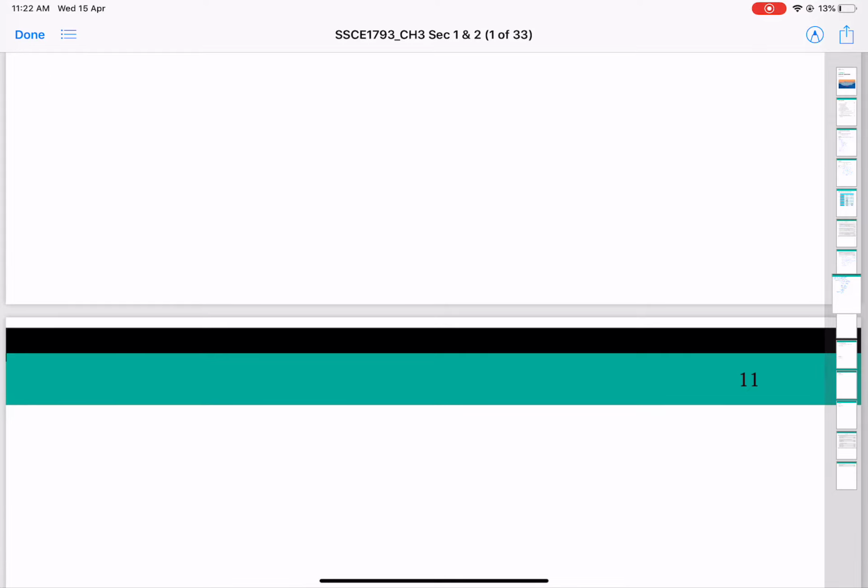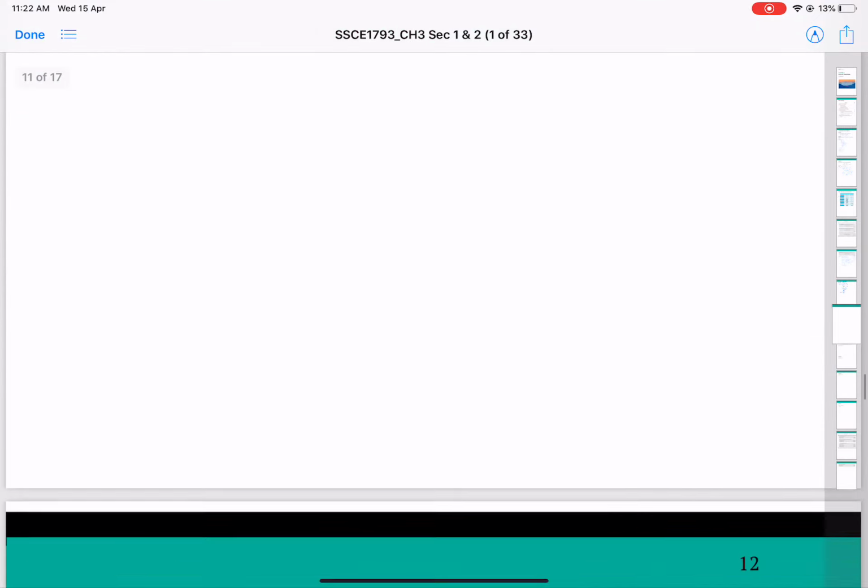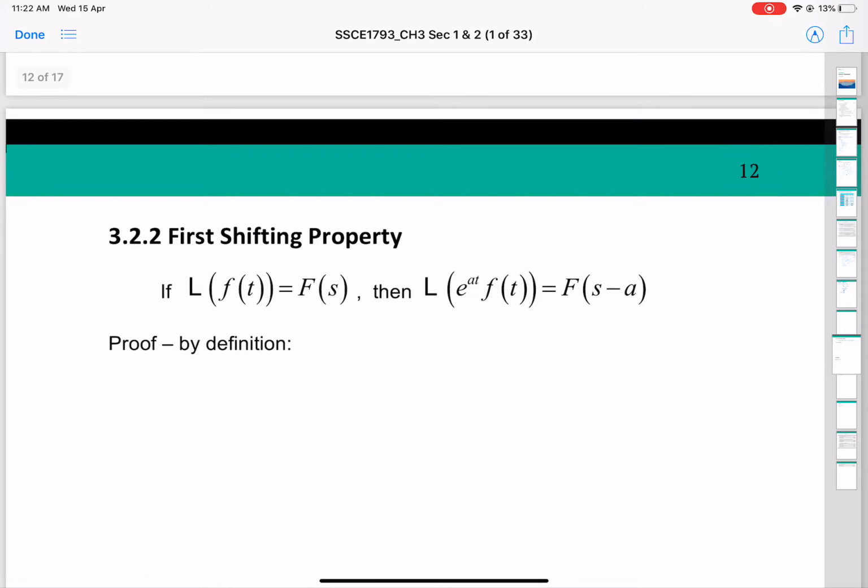Alright, so that's all I think for the linearity property. So now we will move to the second property, which is the first shifting property.